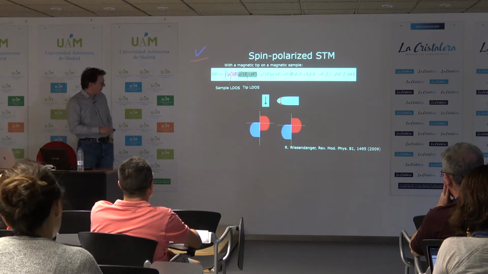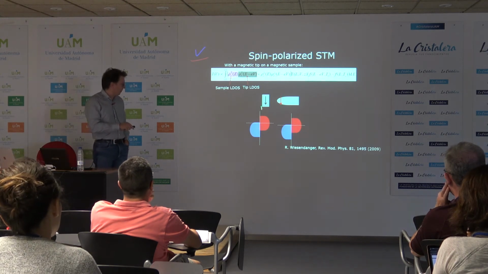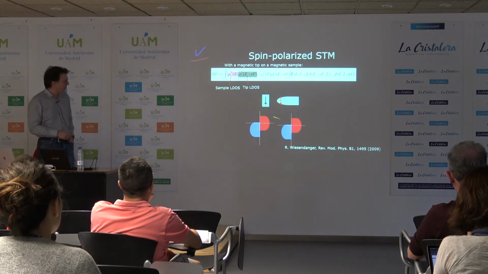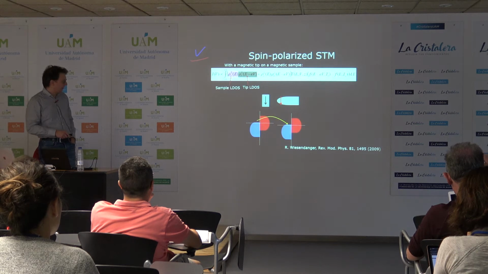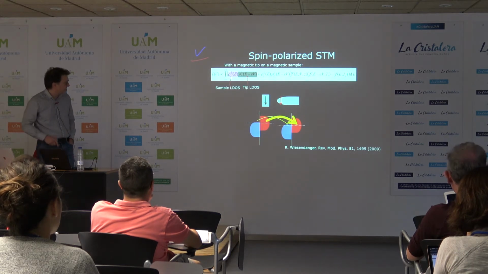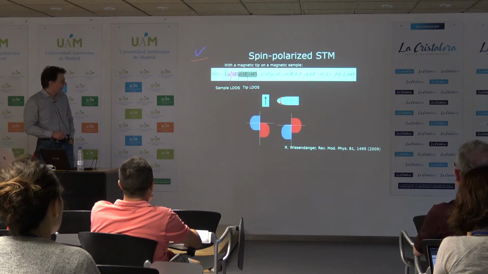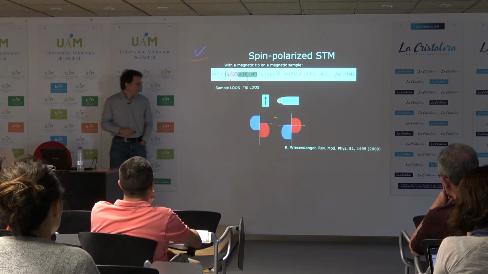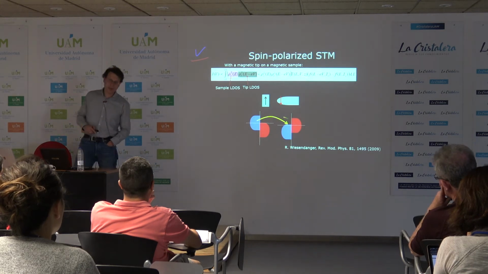And what this means is, if the spin polarization of the tip and the sample are parallel, then you get a large tunneling current, as shown by this large arrow here. If, on the other hand, the magnetizations are anti-parallel, then your tunneling current becomes suppressed.